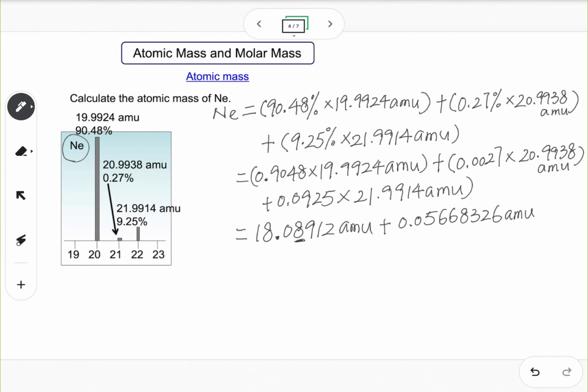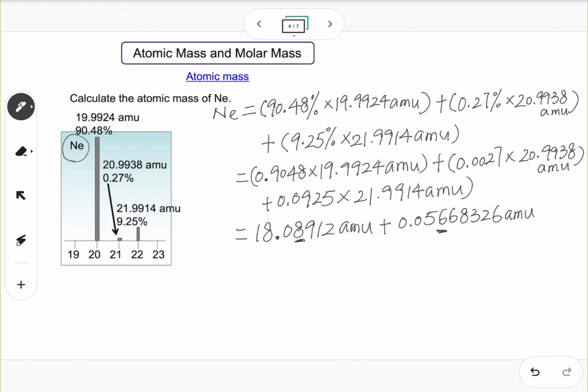Again, you can keep as many digits as you want. This one has 2 significant figures, so this one is supposed to have 2 significant figures. I would like to highlight 6.